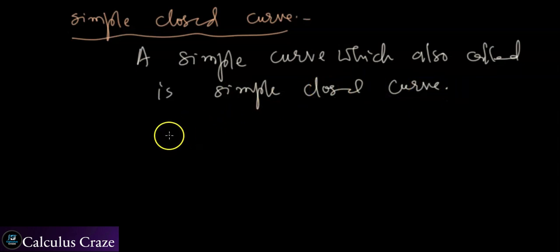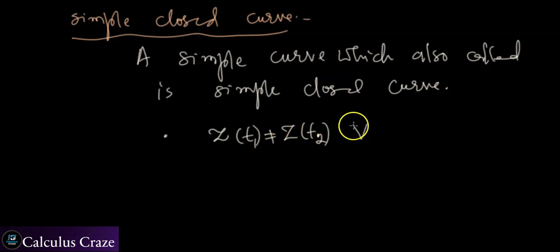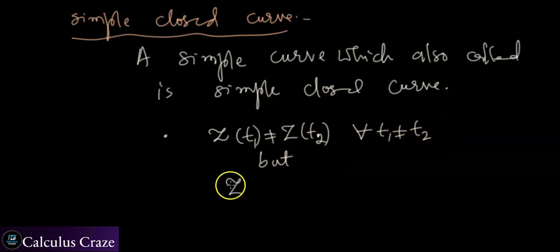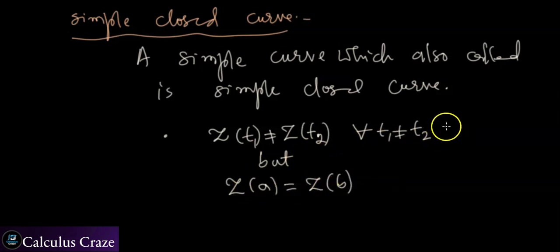In other words, a curve has this property: z of t1 is not equal to z of t2 for every t1 not equal to t2, where t1 and t2 are running in the open interval a to b, but z of a is the same as z of b.